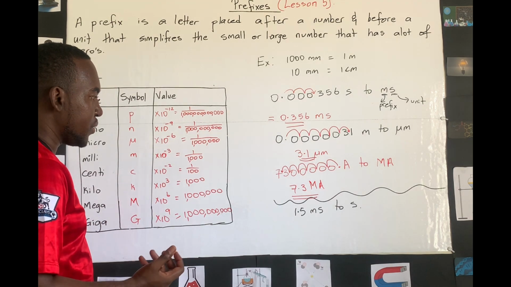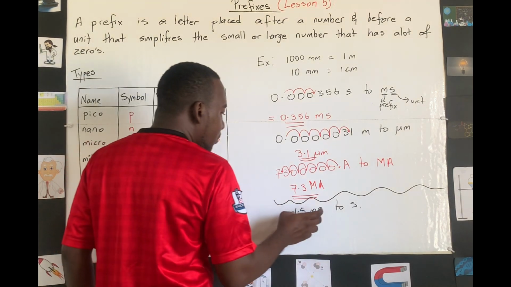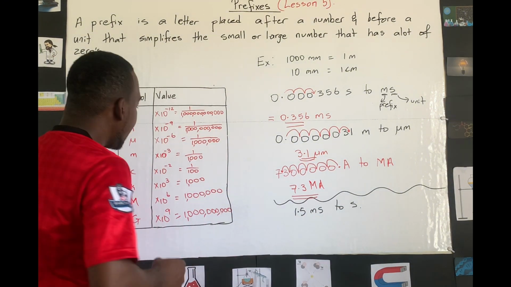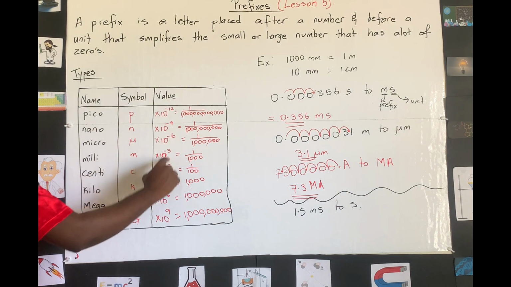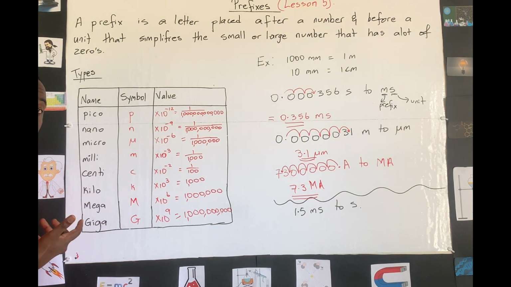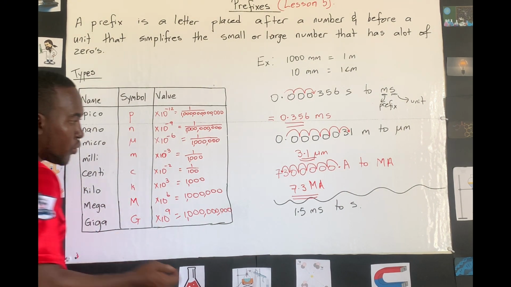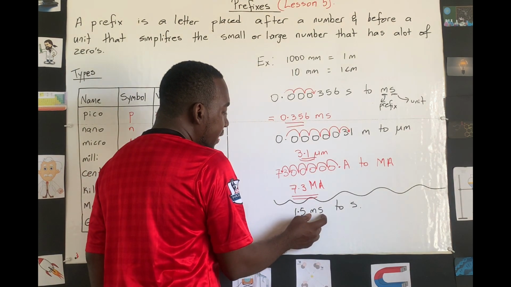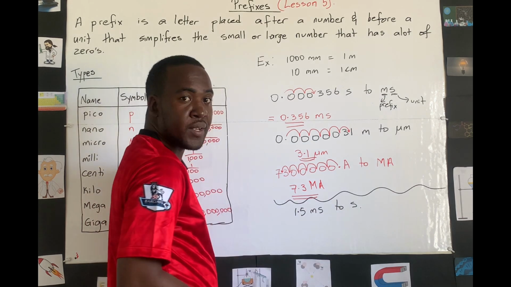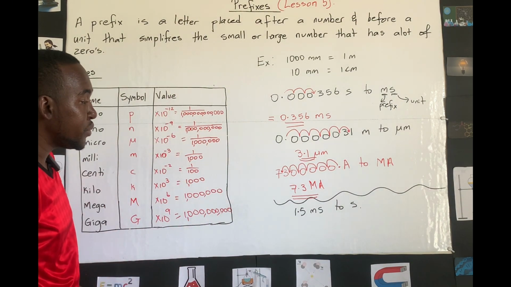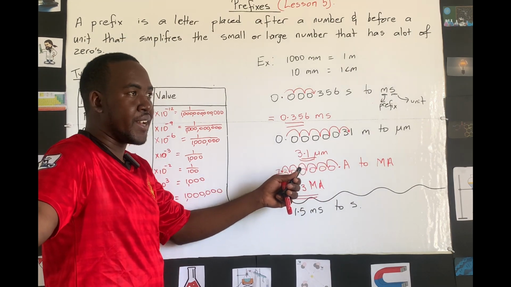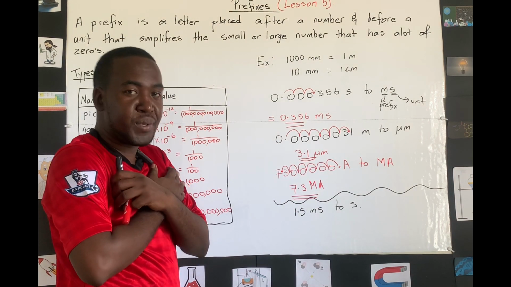We know milli is 10 to the negative 3. And what that means now, because we're moving away from negative 3 to seconds, is that every negatively powered prefix is a small value. So we're moving from a small thing to a larger thing. I know math people would do this: small to large, it's dividing, and large to small, we multiply.